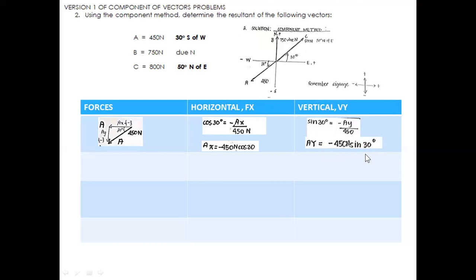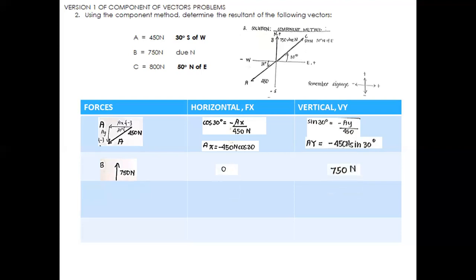Now let's proceed with vector B. Vector B has only a vertical force, 750 newtons, which points upwards. It has zero horizontal force, so 0 for horizontal force, and its vertical component of force is 750 newtons.